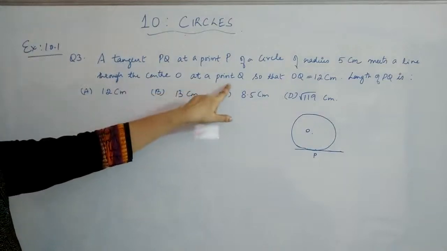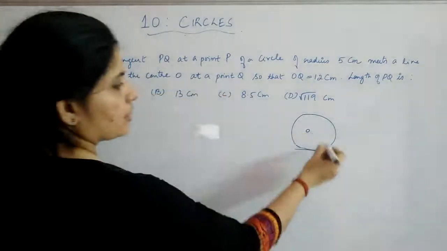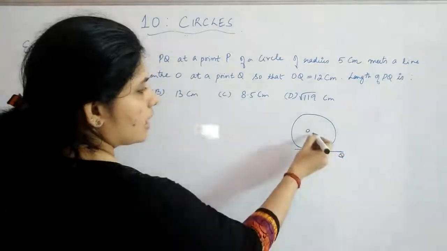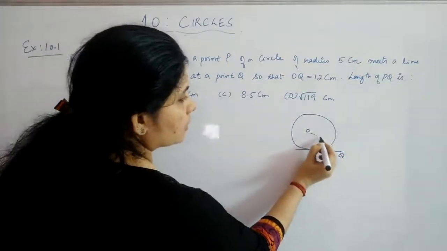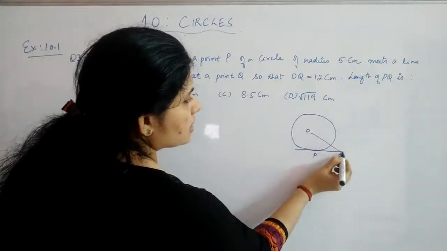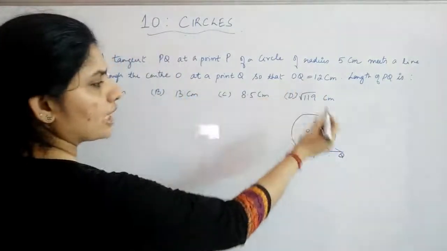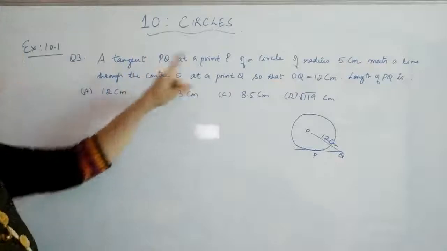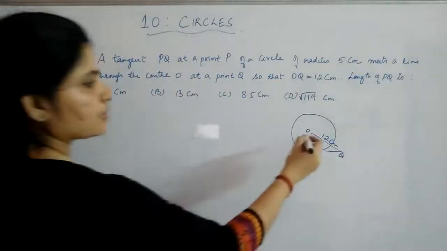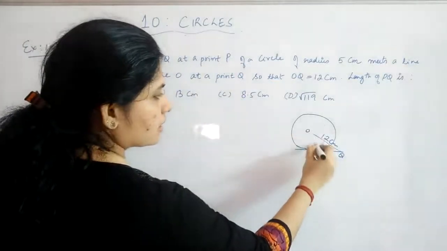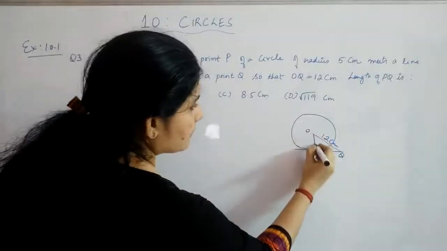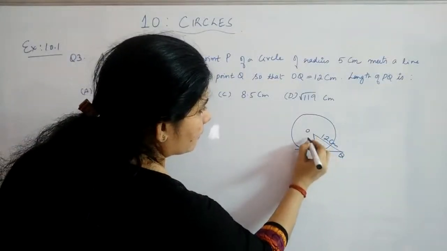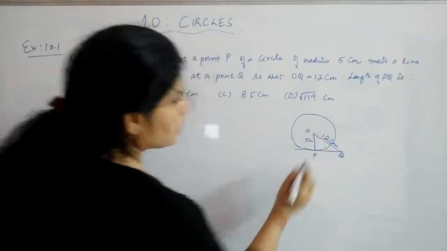at a point Q, suppose this is Q, at a point Q you have a line that meets the tangent at the point Q, so that the OQ length is given to be 12 cm. And again the radius is given to be 5 cm, that means OP will be the radius, right? You will have OP as 5 cm.